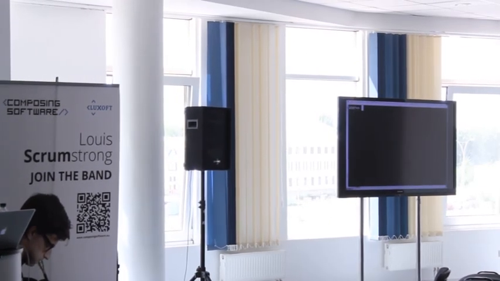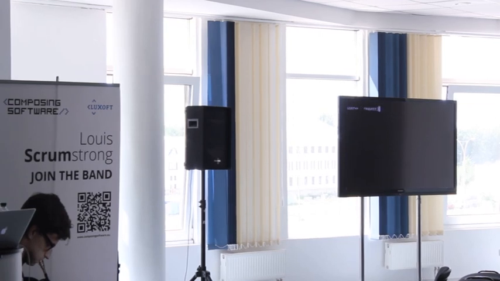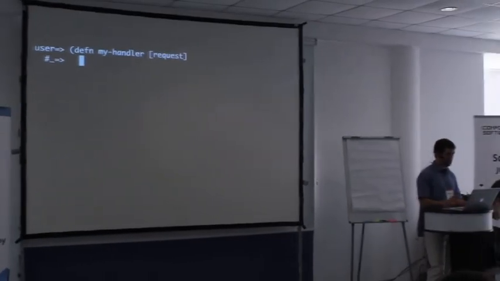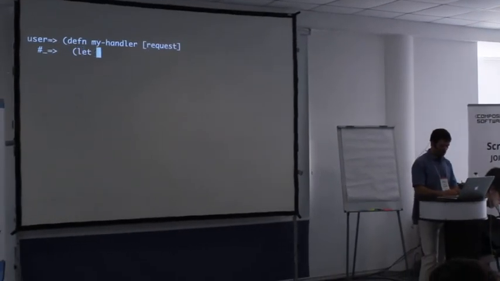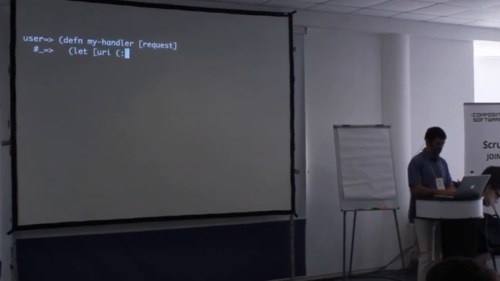Look at this. Now I'm gonna change this handler to be like this. So whenever I get this request, I'm gonna define the URI of this request and say, okay, I've got this URI, and then I'm gonna return in a map, okay, and hello, okay.